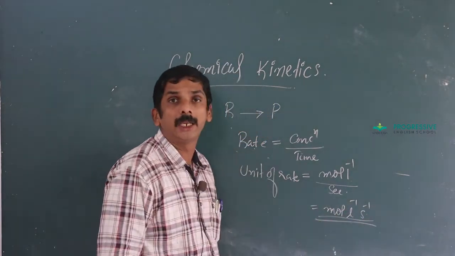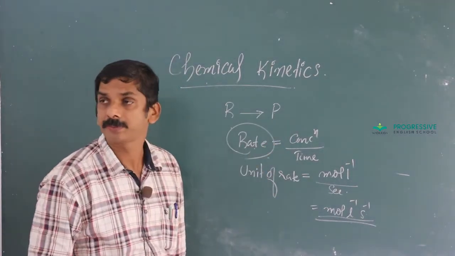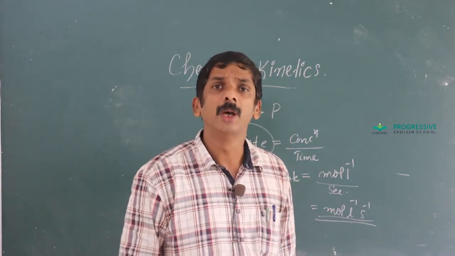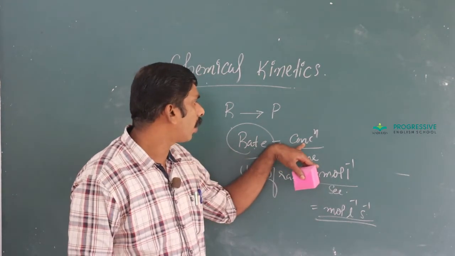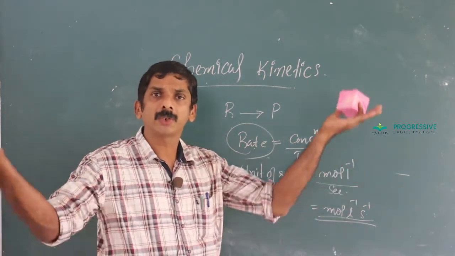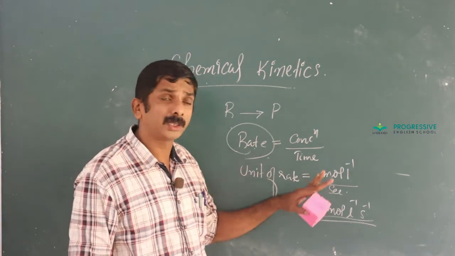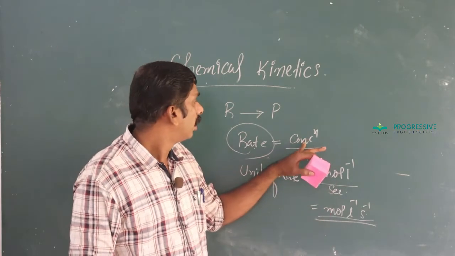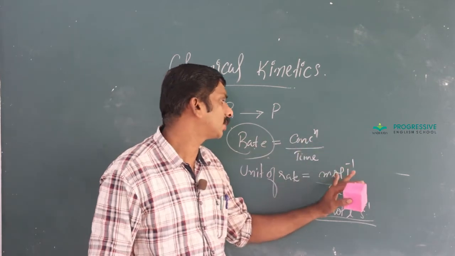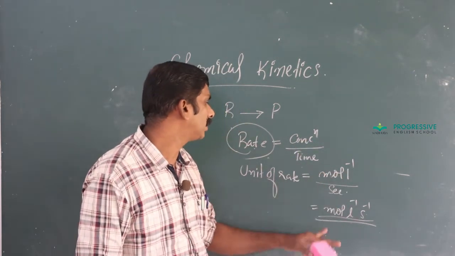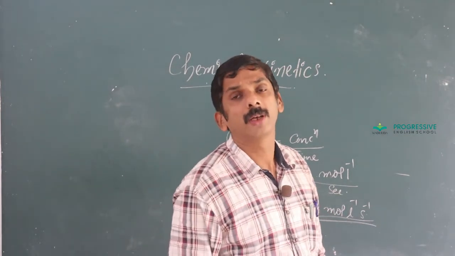Moles per liter per second is the unit of rate, because rate equals concentration by time, whether it is decrease in concentration of reactant or increase in concentration of product. Anyway, concentration by time refers to the rate of a reaction. Concentration is expressed in moles per liter, time in seconds. Therefore, the unit of rate equals moles per liter per second.